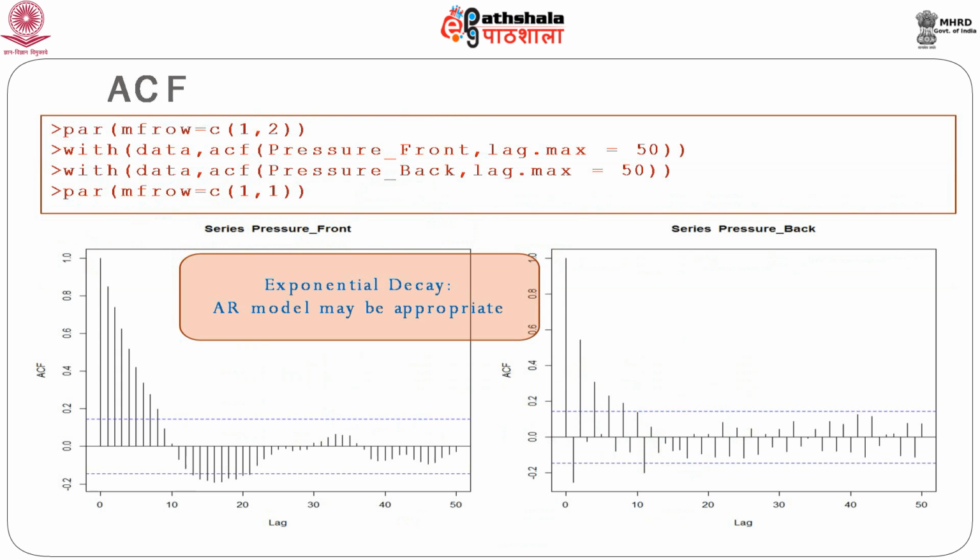of the furnace. Next, I'll explore the autocorrelation function of the data. Again, here I wanted to put both the ACF of the front pressure and the ACF of the back pressure together. So I use the par function and mfrow equals c(1, 2).